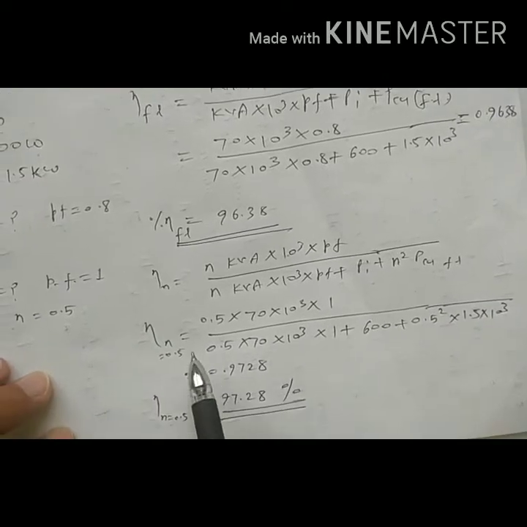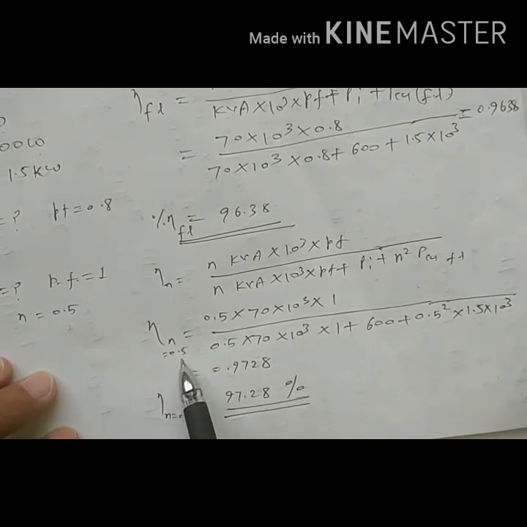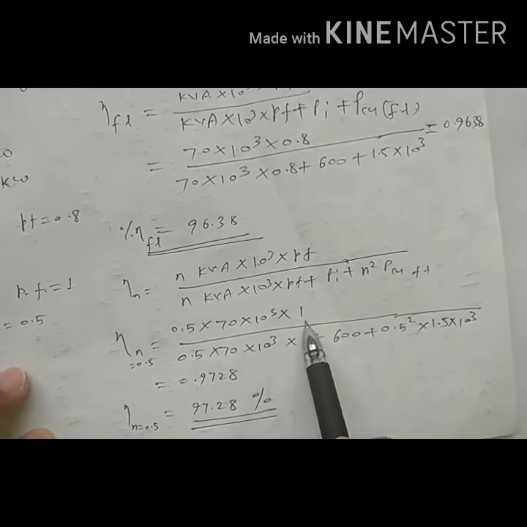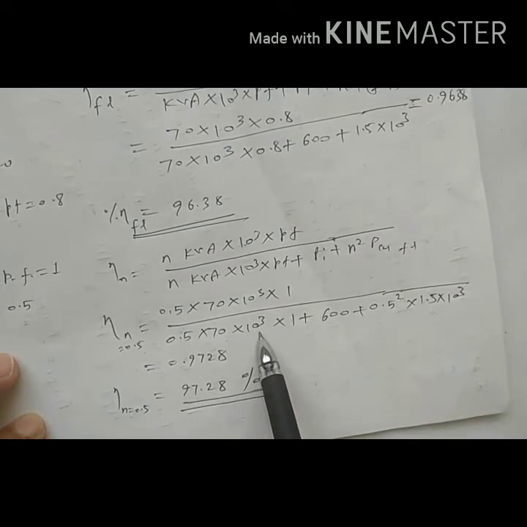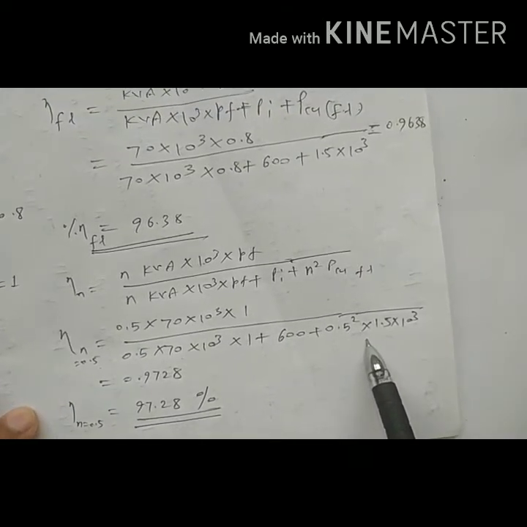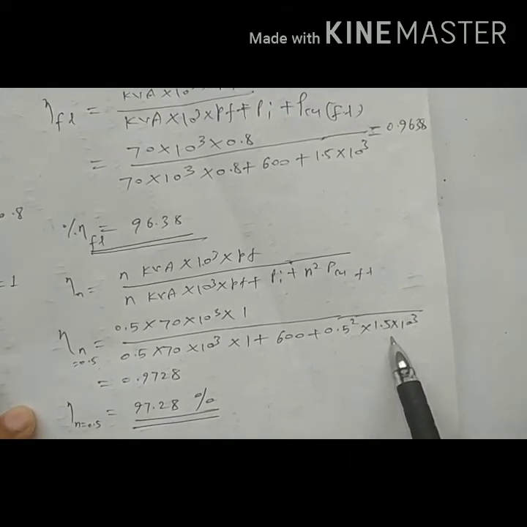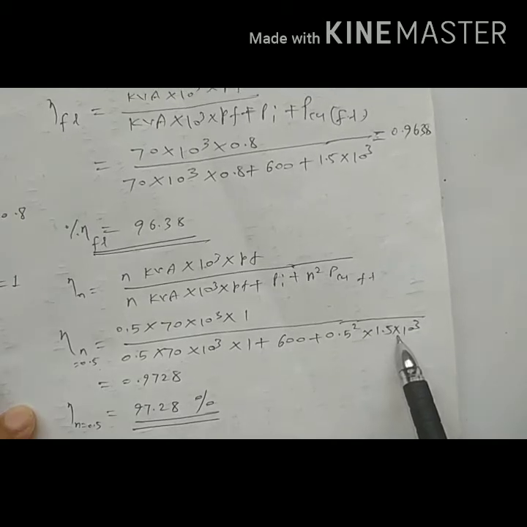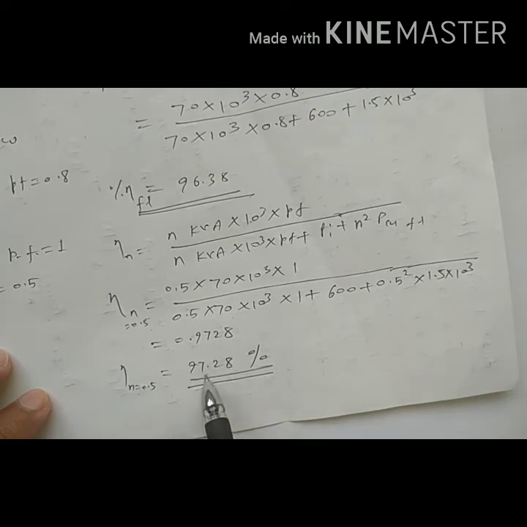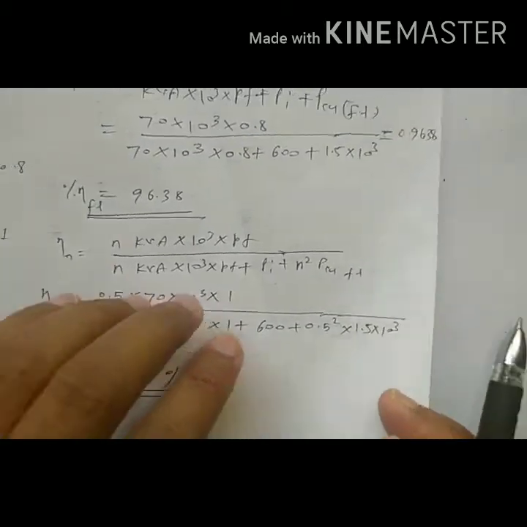So putting values, efficiency at half load, N equal to 0.5: 0.5 into 70 into 10 power 3 into 1 divided by 0.5 into 70 into 10 power 3 into 1 plus iron loss plus N square PCUFL. So N square, 0.5 square into 1.5 into 10 power 3. So this comes as 0.9728. Therefore efficiency is 97.28%. Let us see the next numerical.